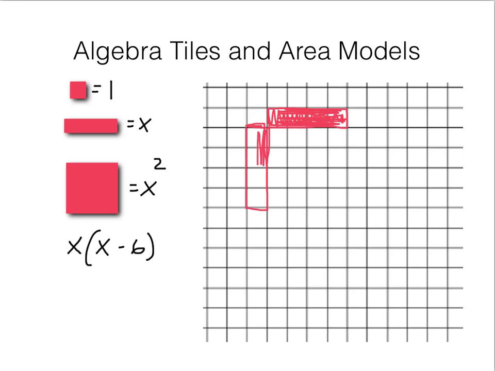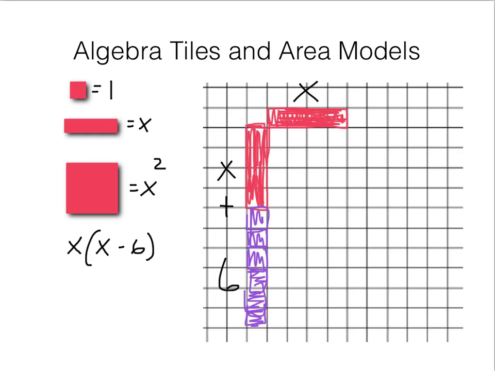We should make the other part a different color. I'll make it purple, so my 1s will be a different color. So we have 1, 2, 3, 4, 5, 6. Those are my 1s. So this is x plus 6, and this is x times x plus 6.